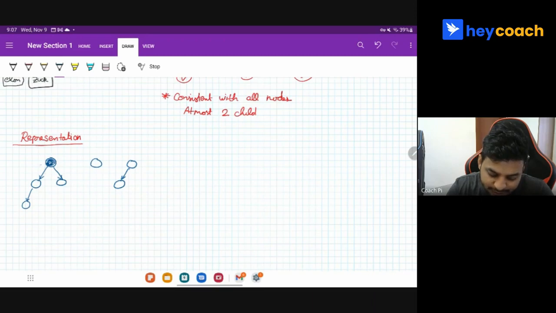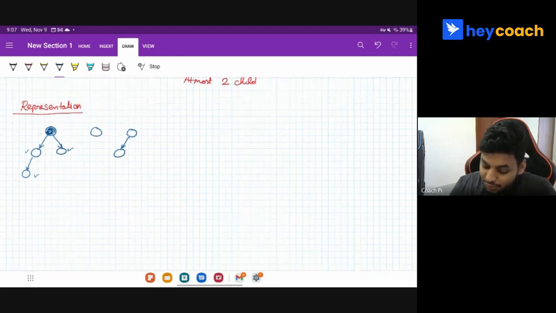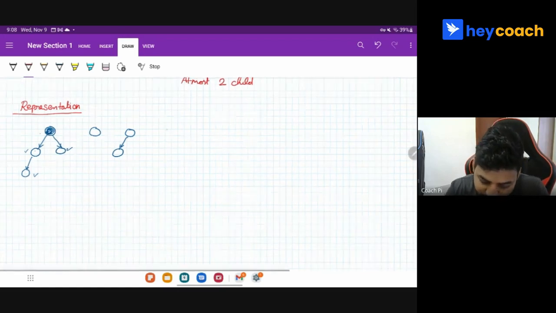So this is having a reference to this node, and this is having a reference to this node, and again this. So starting from this particular node, I can visit any node which is present in this tree data structure. So to represent this tree, we will need a node which is at the center of our tree, which is called the root node by convention. Okay. So we will need one root node.